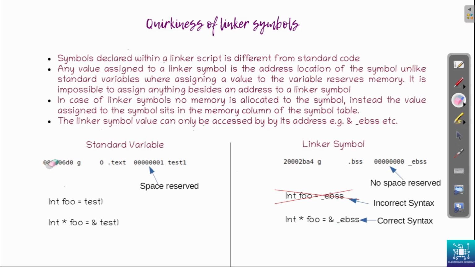In a standard variable, if you see the symbol table, it will have an address and it will have space reserved for that address. So int foo equal to test1, int star foo equal to ampersand test1, and so on and so forth. Now int foo equal to EBSS is not the right way to do it in the case of a standard variable. You can do it this way. For the linker symbol, this is absolutely not allowed because it never stores a value. So this is only allowed, this is not allowed.